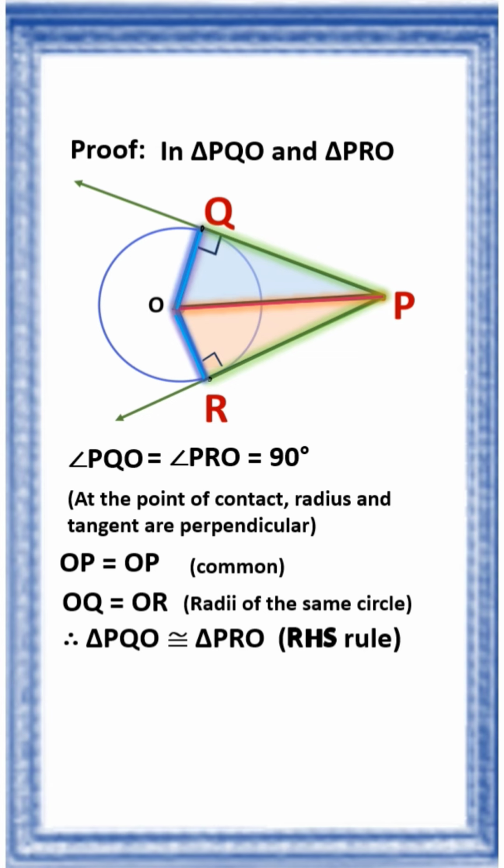So due to corresponding parts of congruent triangles, now we can say that PQ is equal to PR because of CPCT, corresponding parts of congruent triangles. Hence the theorem is proved.